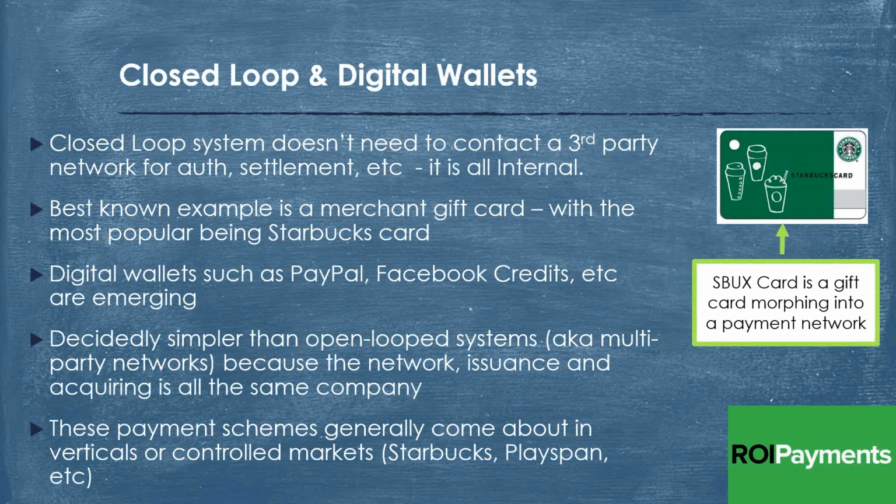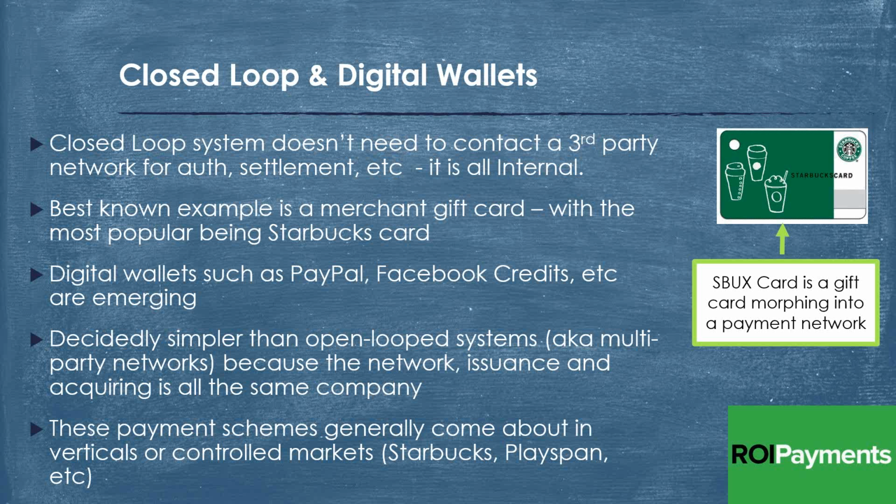Closed loop and digital wallets. A closed-loop network does not need any third party to handle a transaction. Notable here is the Starbucks gift card. We feel the Starbucks gift card is probably one of the most prolifically used payment mechanisms from a mobile payment strategy. And interestingly, Starbucks is actually moving that to morph into its own payment network.